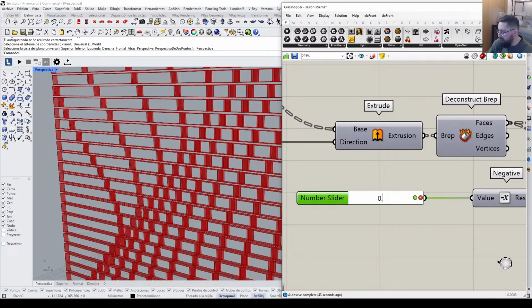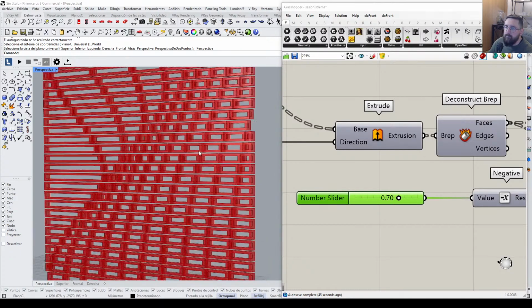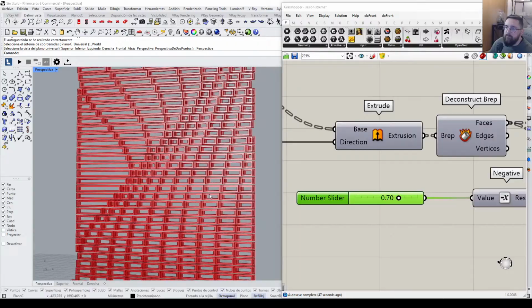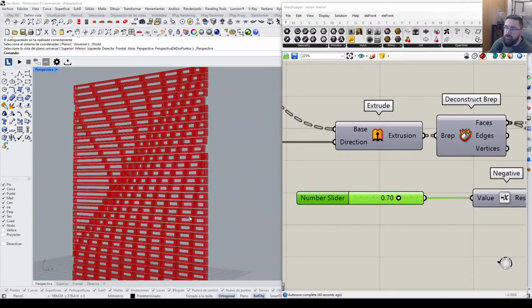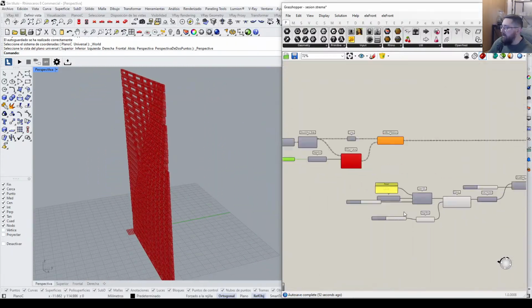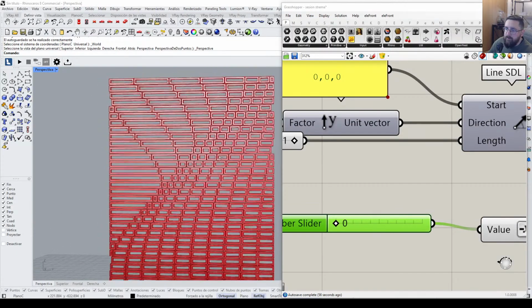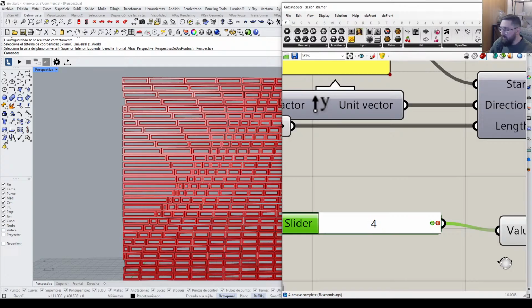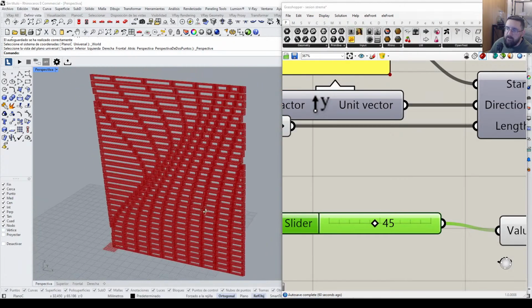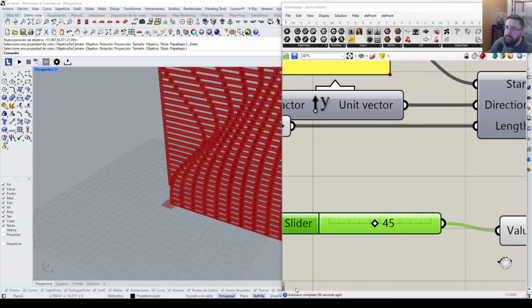Oh. Sure. 45. Okay, what if I just leave it on 0? If I leave it on 0, it's just going to be flat. That's boring. Okay. Why does my music stop?